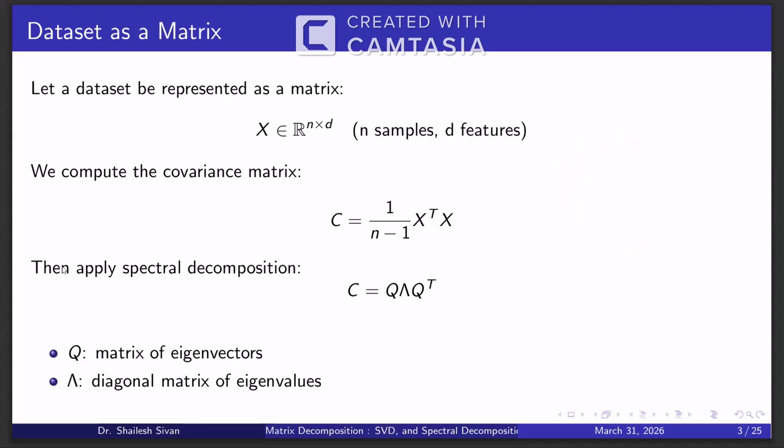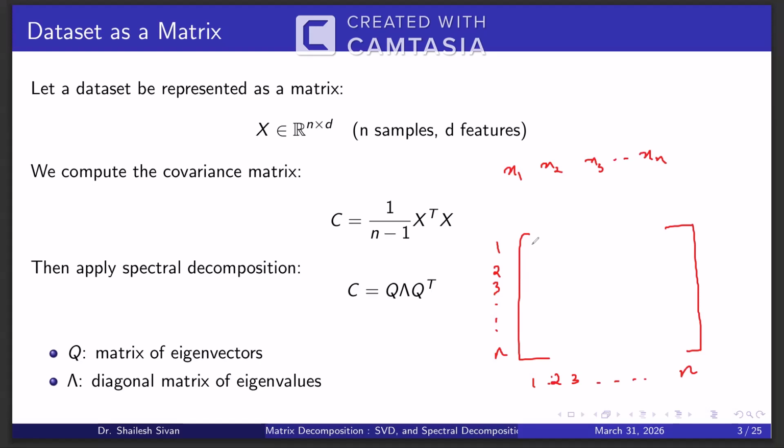So the covariance matrix is nothing but, see, if you have data like this, x1, x2, x3, up to xn, there should be a matrix, with 1, 2, 3, up to n along the rows and 1, 2, 3, up to n along the columns. What is this?